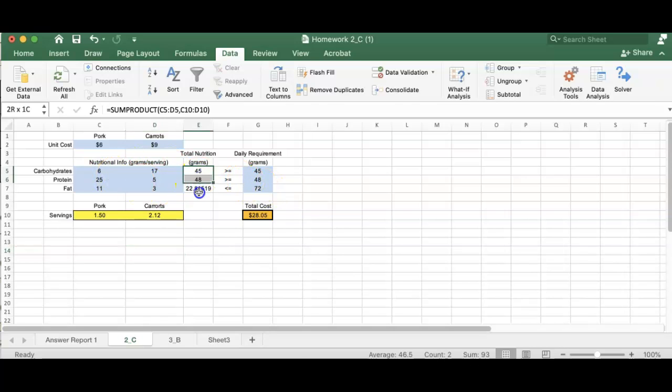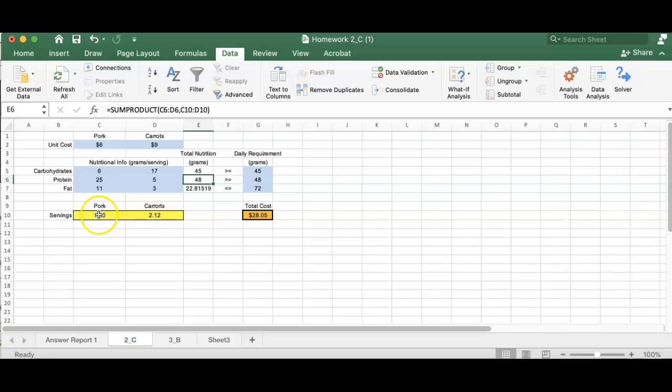Once we get this, we're going to put an equation in here, and we use the SUMPRODUCT equation. We have our SUMPRODUCT here of C5 to D5 with C10 to D10. And then we keep SUMPRODUCT of C6, D6, C10, D10.